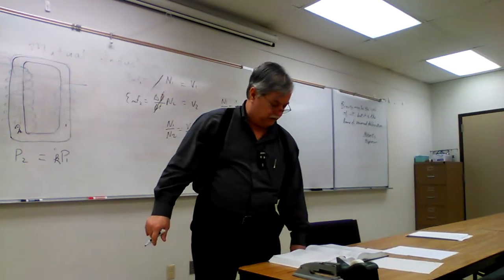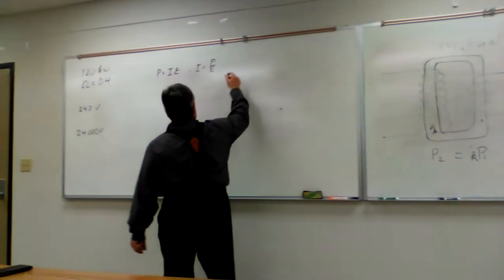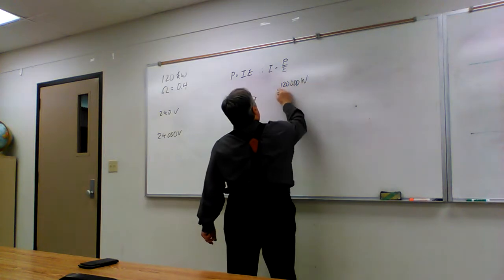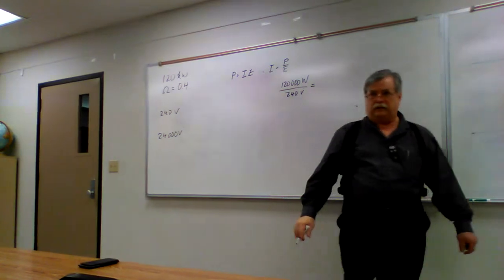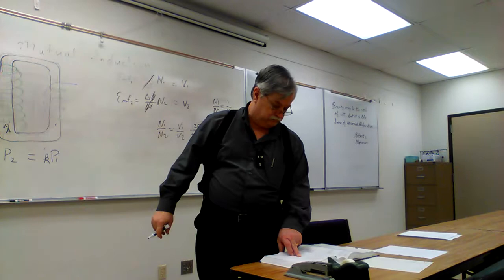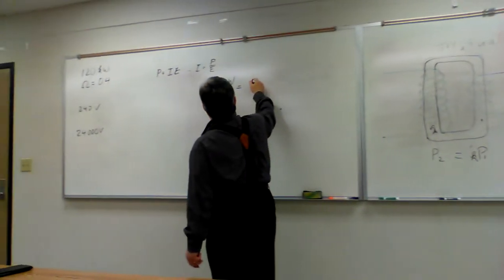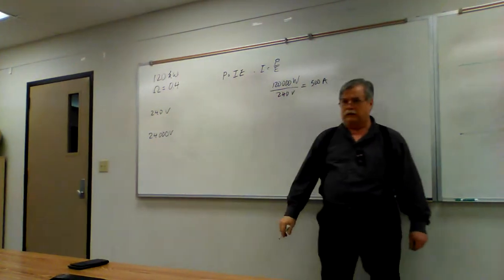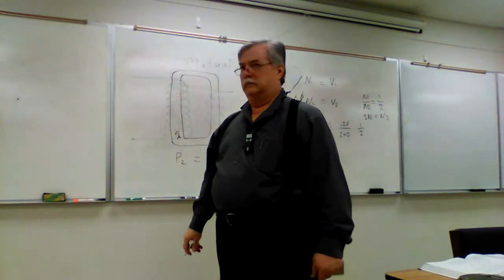That means if we're transmitting 120,000 watts at 240 volts, how much current is that? Does that really work out to 500 amps? Someone with a calculator confirm that. Okay.